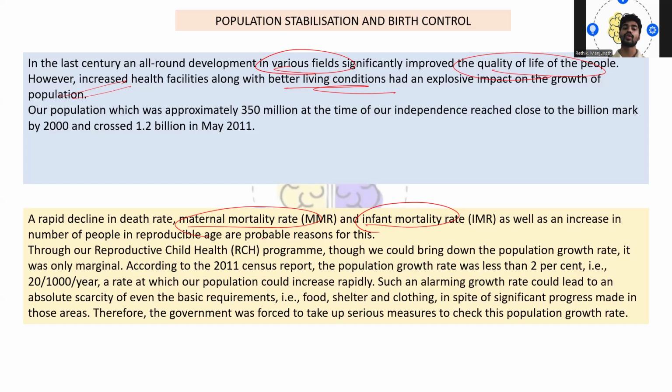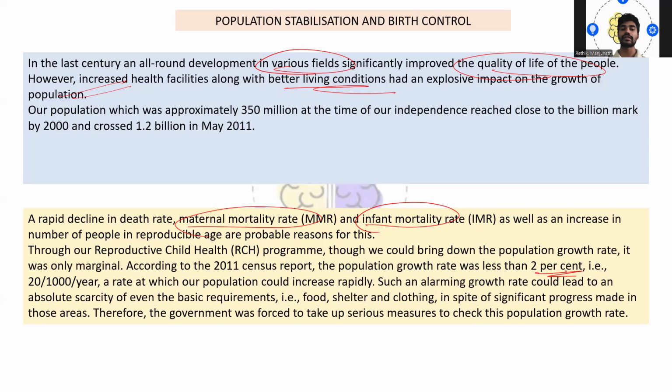But it was only marginal, because according to the 2011 census, the population growth rate was less than 2%. But now we are seeing a rapid increase in the population.